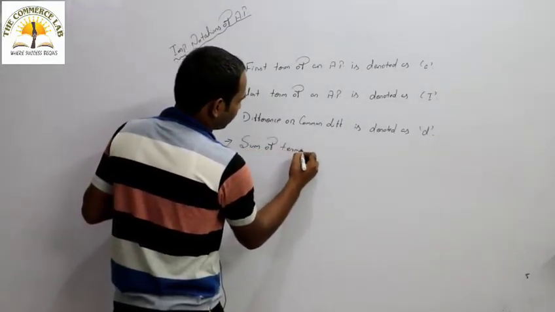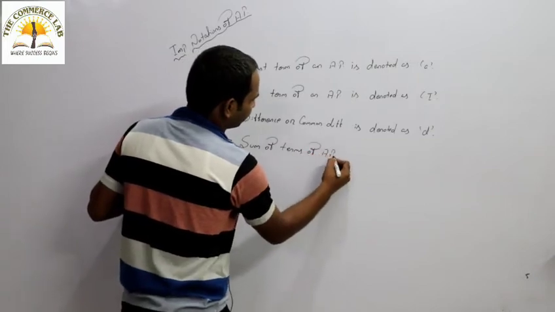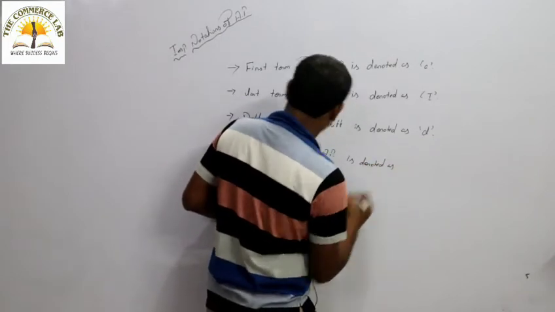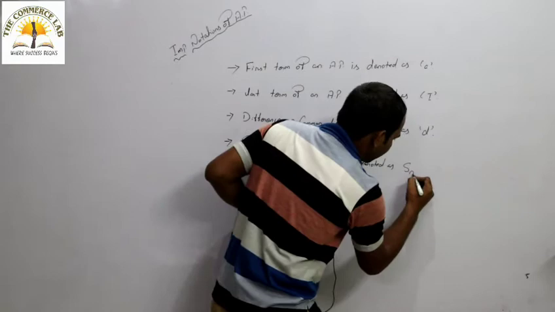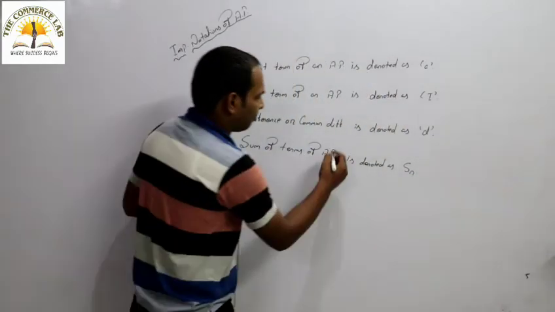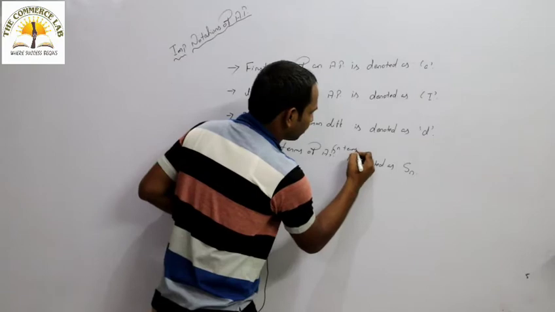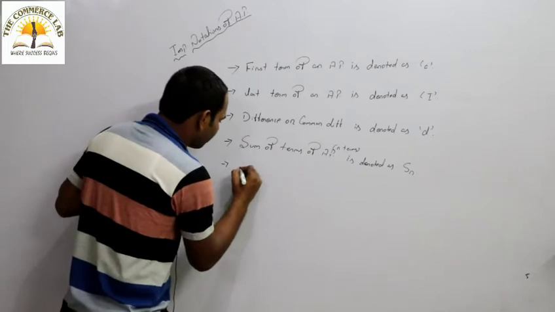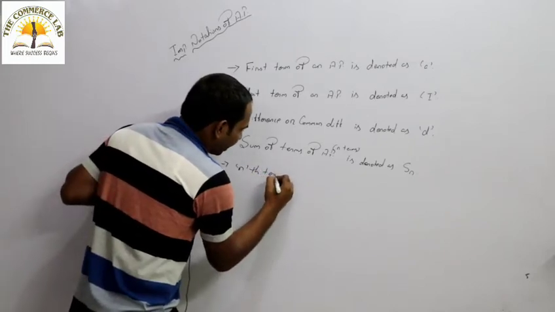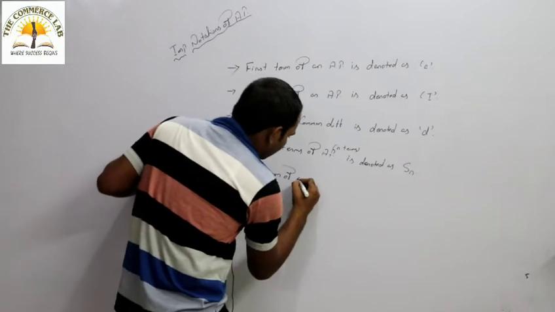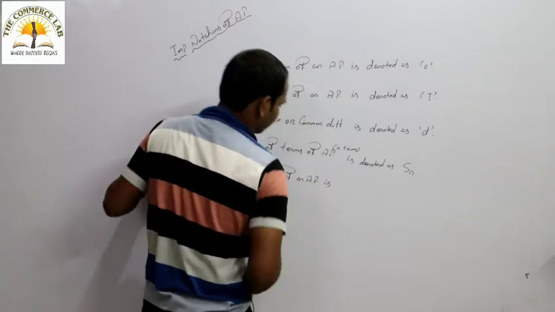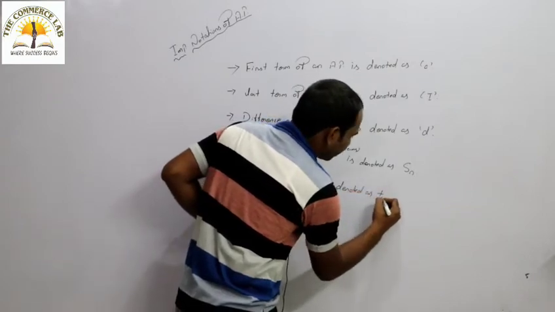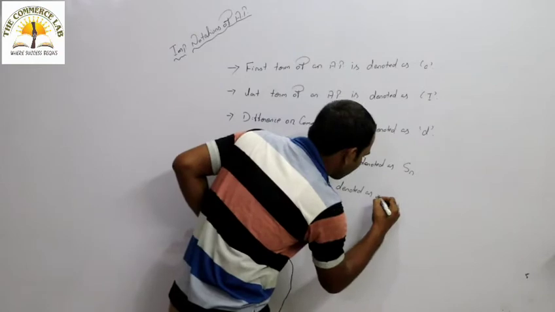The sum of terms of an AP of n terms is denoted as Sn. The nth term of an AP is denoted as Tn.